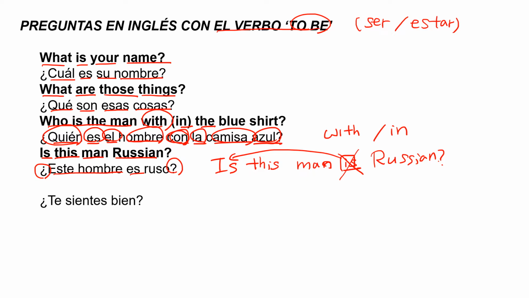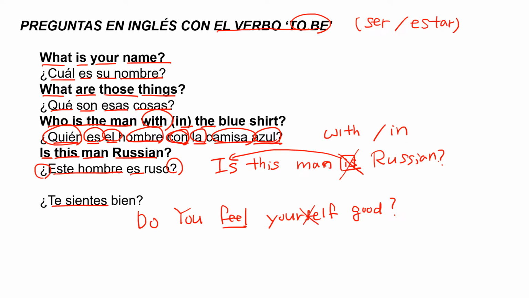Te sientes bien. Te sientes. You feel yourself bien, good. So this is a question. So feel has to be, do you feel good?